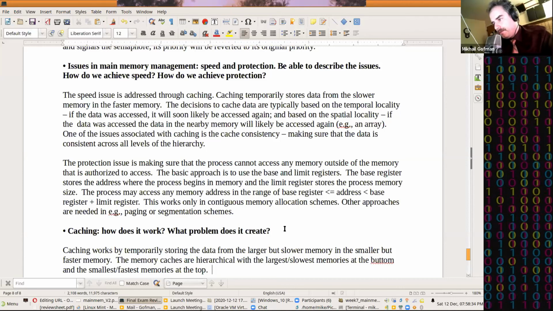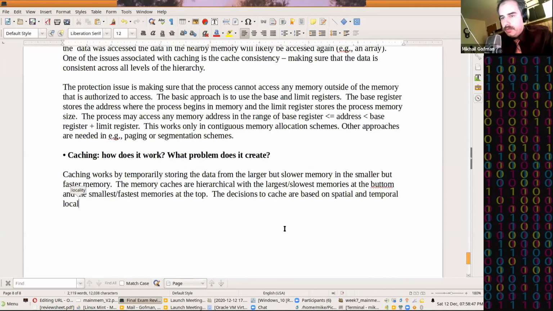Okay, so the decisions to cache are based on spatial and temporal localities.